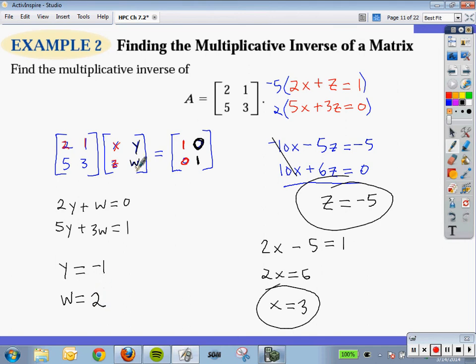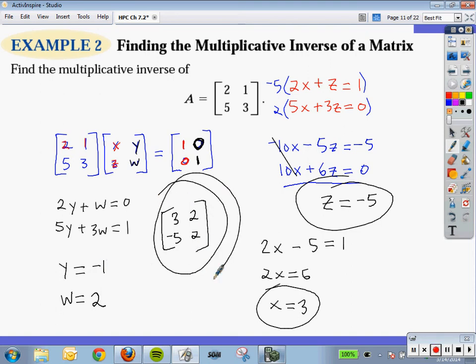Alright, so we have x, y, z, w. So this is our multiplicative inverse of the matrix.